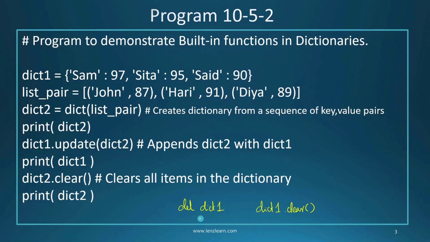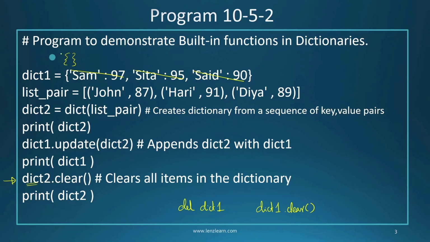So now let me explain to you the difference between del dict1, which we have studied in the previous slide, and dict1.clear, which we have seen an example of here with dict2. So dict1.clear will remove all the records from dict1, but it will keep that dictionary as a blank dictionary.